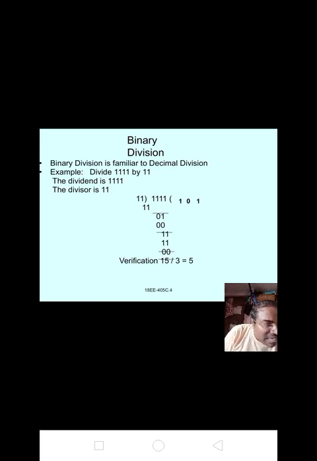We take 1 1 and get 1, then take the next bits. 1 minus 1 is 0, 0 minus 1 is 1.